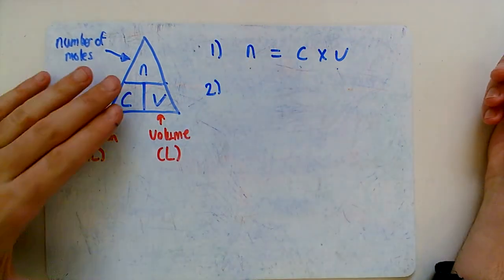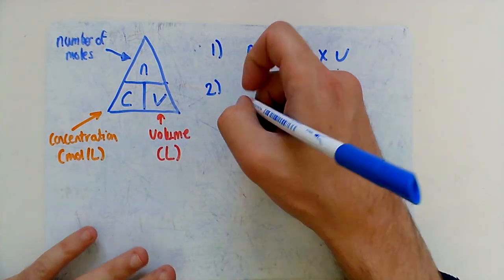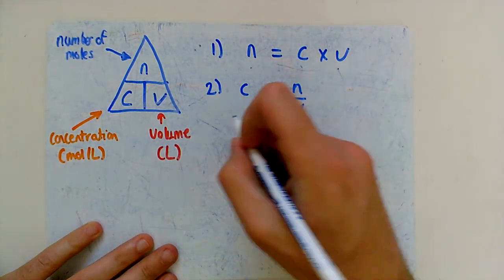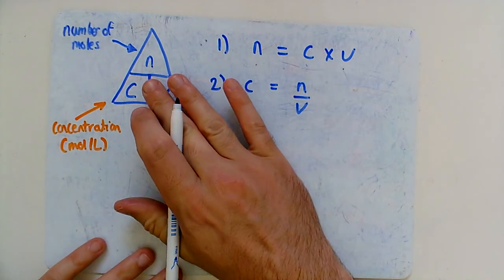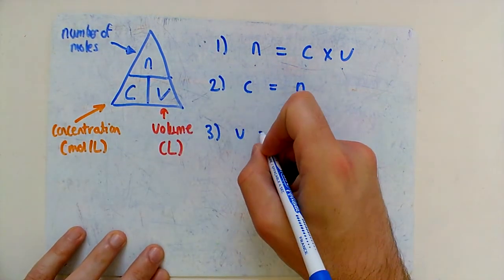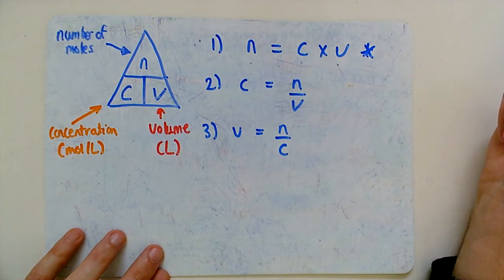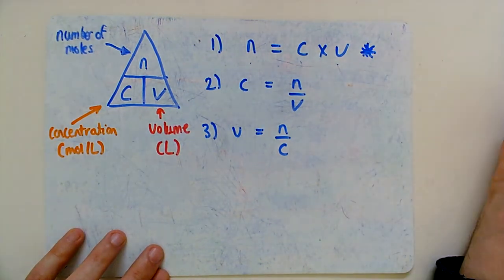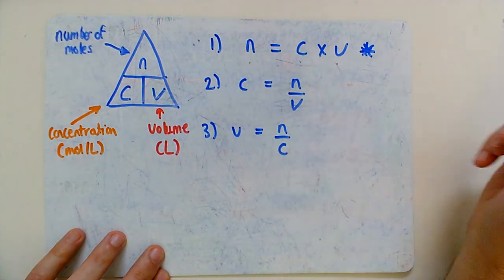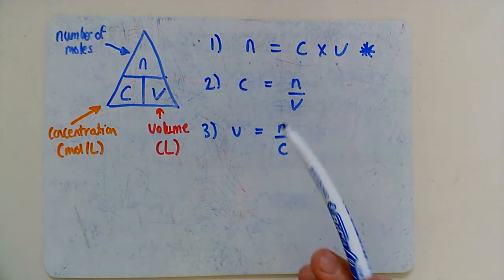If we want to calculate concentration, it's going to be N divided by V. So C equals N over V. And 3 is if we want to do volume, cover up volume, and we've got N divided by C. This equation, the top one, is on the inside cover of your data booklet. These other ones are not. But if you can reorganize that equation, you get these two. The number of moles is concentration times volume.